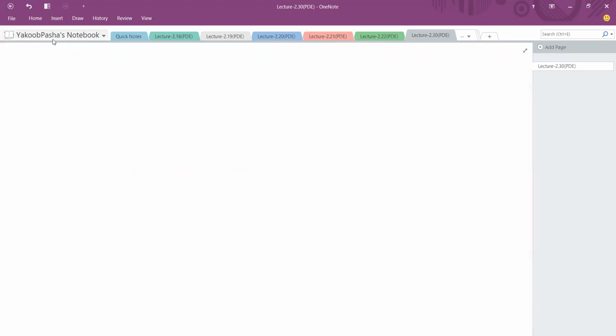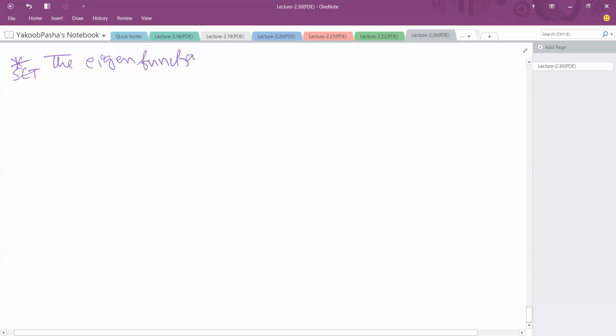The eigenfunctions of the Sturm-Liouville problem, SLP, I'm simply writing SLP: y double dash plus lambda y is equal to 0, y of 0 is equal to 0, y dash of L is equal to 0.